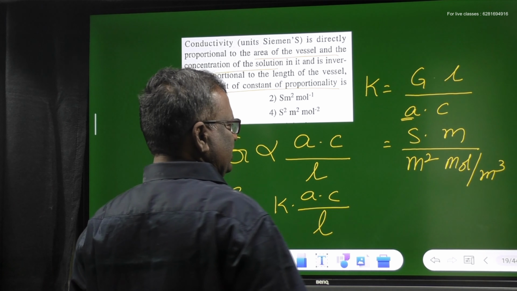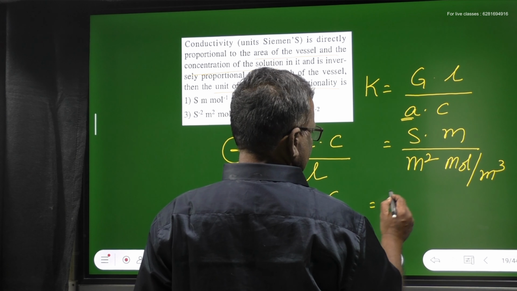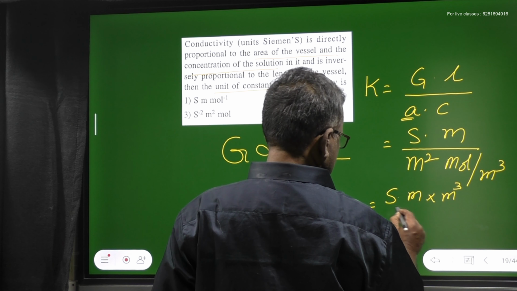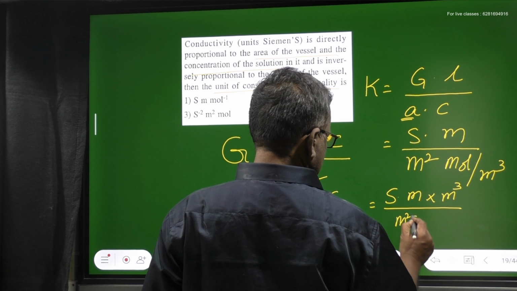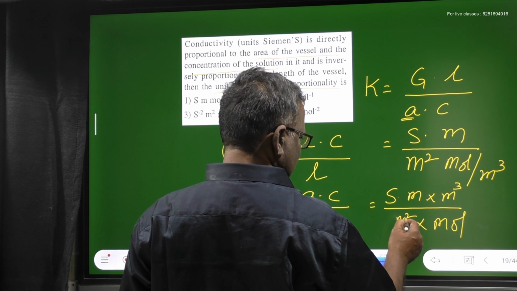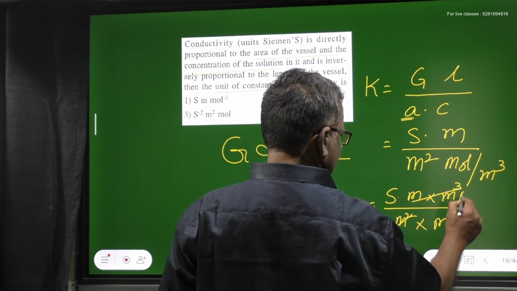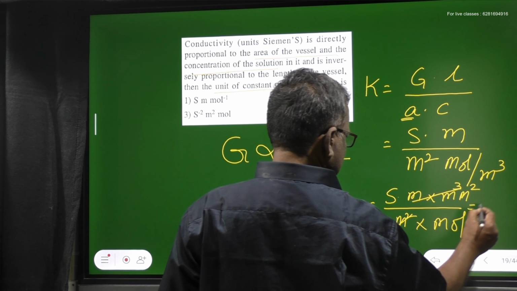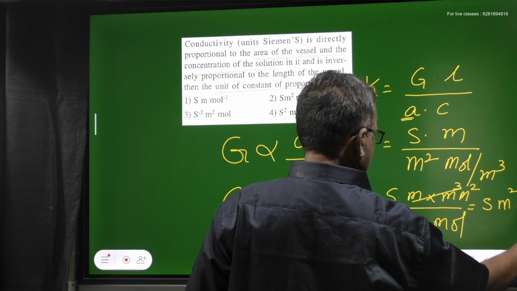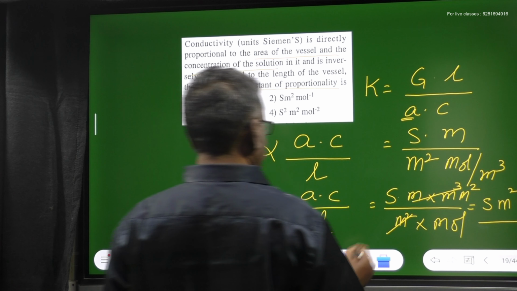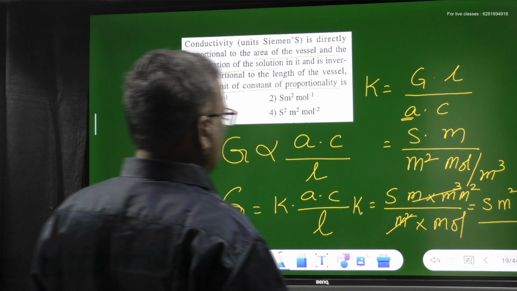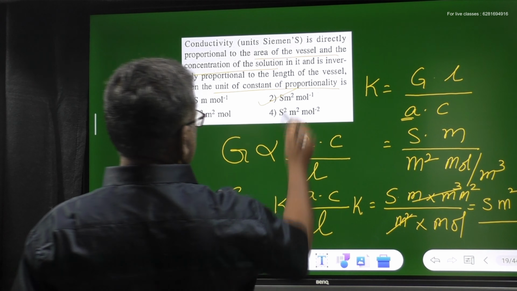So it will be written as Siemens meter into cubic meter by meter square into mole. On simplification, m to the power 4 over m square, so the resultant will be m square. So Siemens m square per mole is the unit for the proportionality constant K. Second option is correct.